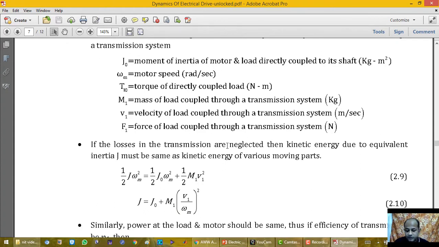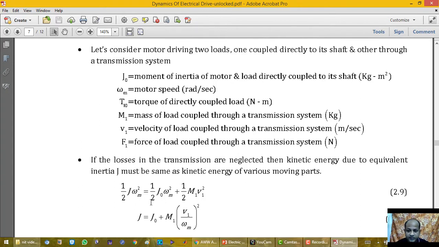What we have discussed in case of load with rotational motion, the same thing is applicable for this: if the losses are neglected, then the kinetic energy due to the equivalent inertia J must be the same as the kinetic energy of various parts.